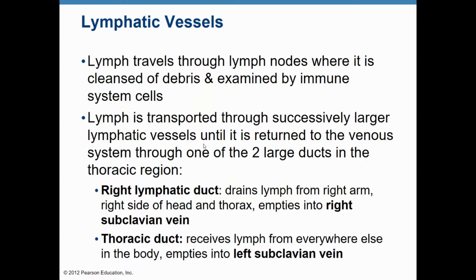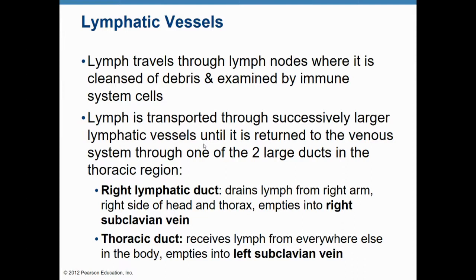One of those ducts is called the right lymphatic duct, and it is going to drain lymph from the right arm, the right side of the head and neck, and the right side of the chest. It's going to dump its lymph into the right subclavian vein.